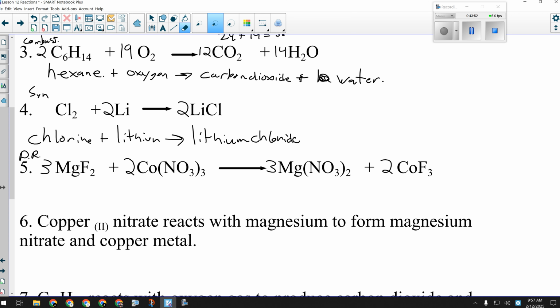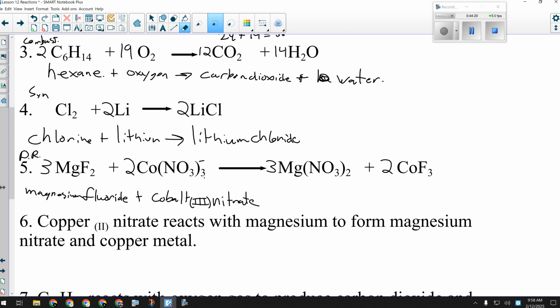All right, writing this out in words, we've got magnesium fluoride plus cobalt. Actually, this is cobalt 3 nitrates. Okay, how did I know it was the cobalt 3? What's the charge on nitrate? -1.